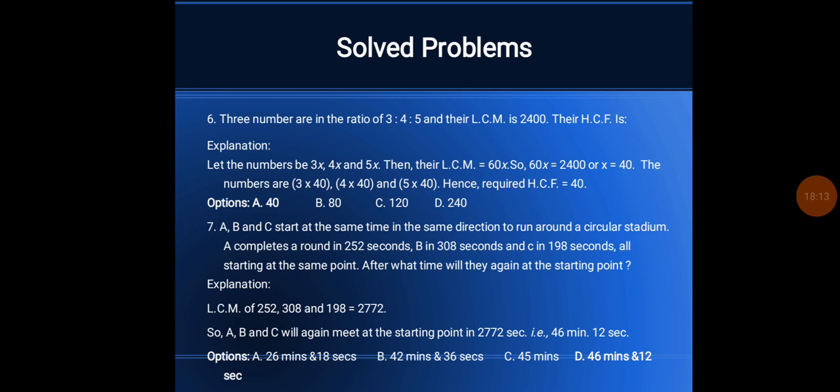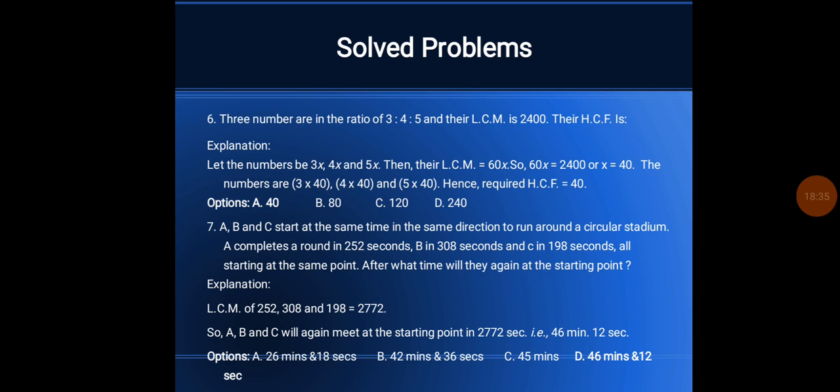Okay, so in a circular stadium, A, B and C start running. A completes the round in 252 seconds, B in 308 seconds and C in 198 seconds. After what time will they again be at the starting point?